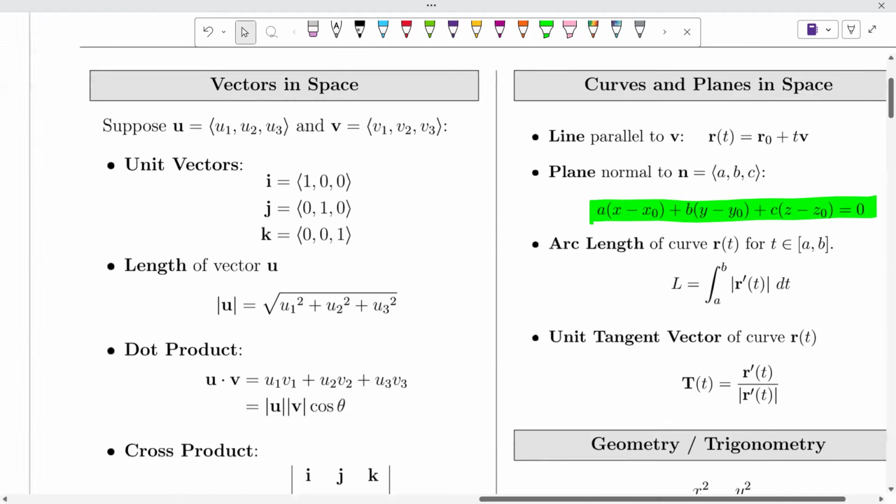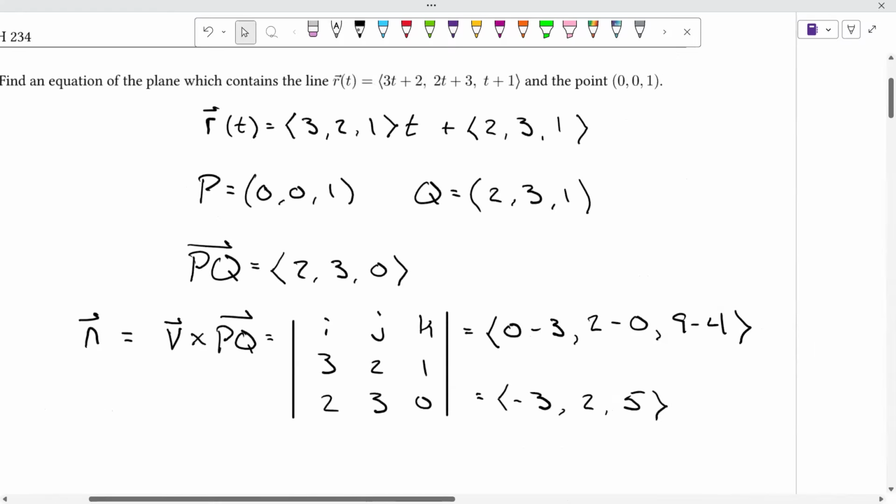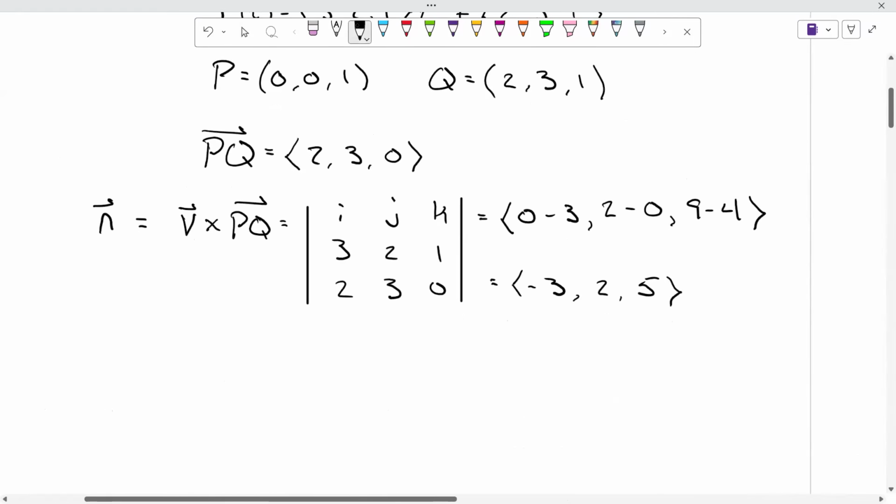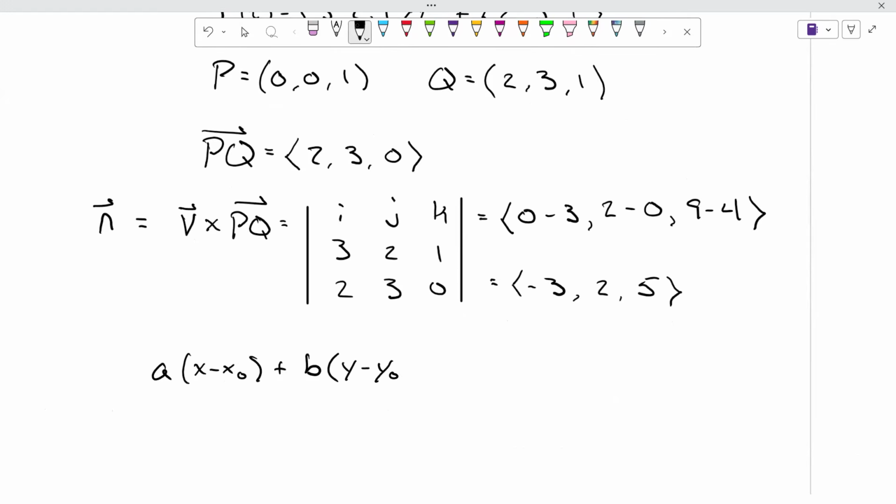So let's just go combine that in this equation. Again, a times (x minus x naught) plus b times (y minus y naught) plus c times (z minus z naught) equals 0. And I've got a normal vector, and I've got two options for my point. I'll just stick with P, though, because it's the easier of the two options.